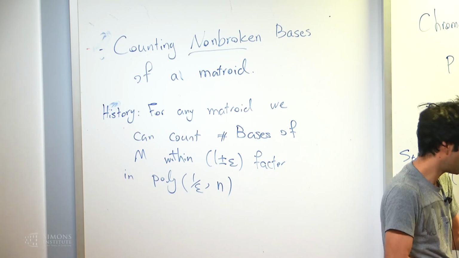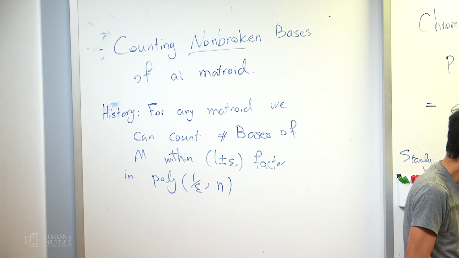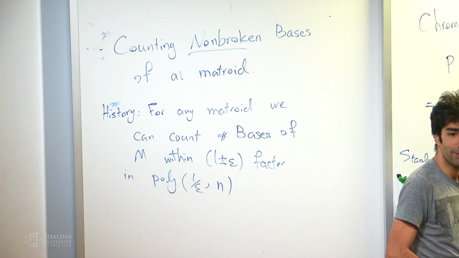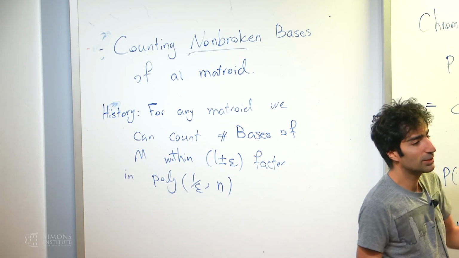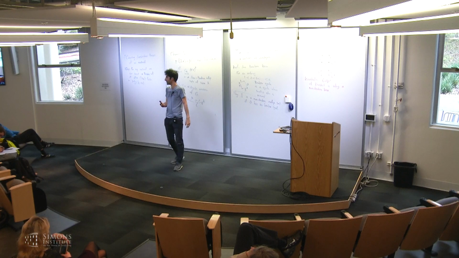So there's a lot of interesting linear algebra and geometry going on, but one inspiring question is, can you use the fact that these coefficients are log concave to count the number of non-broken independent sets or non-broken bases of a matroid? Any questions?